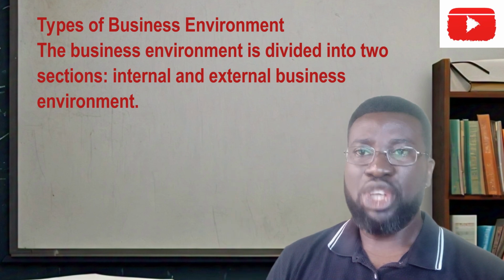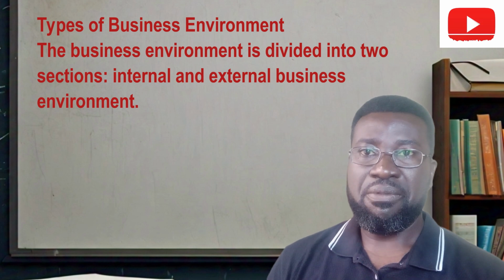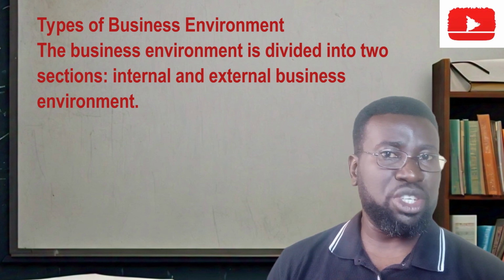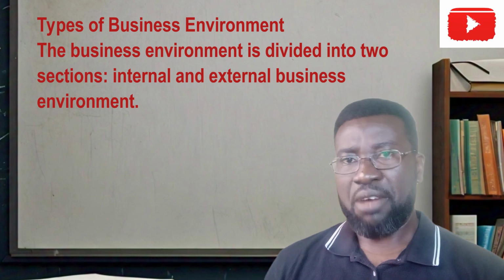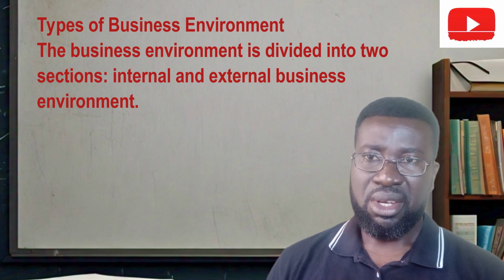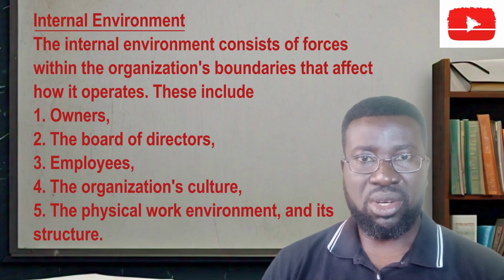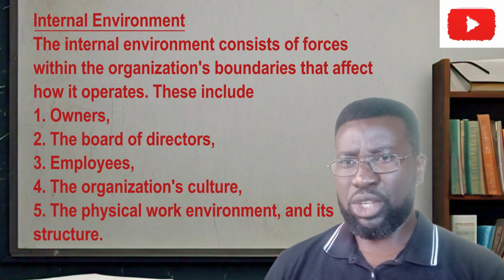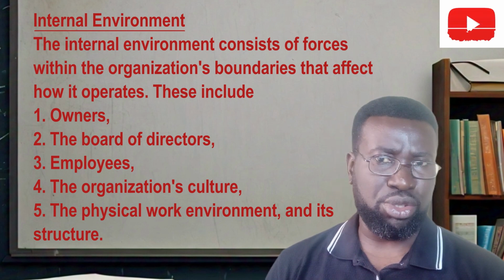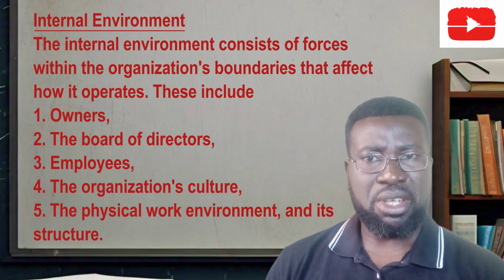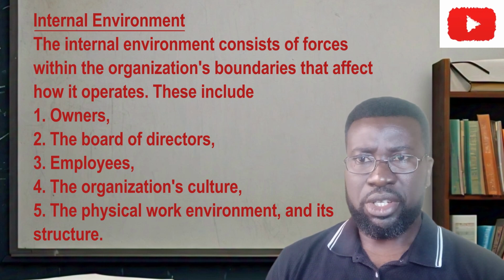Now, let's delve into the internal environment. The internal environment consists of forces within the organization's boundaries that affect how it operates. These include owners, the board of directors, the employees, the organization's culture, the physical work environment, and its structures. Now, let's briefly discuss these internal environmental factors. Let's start with the owners.